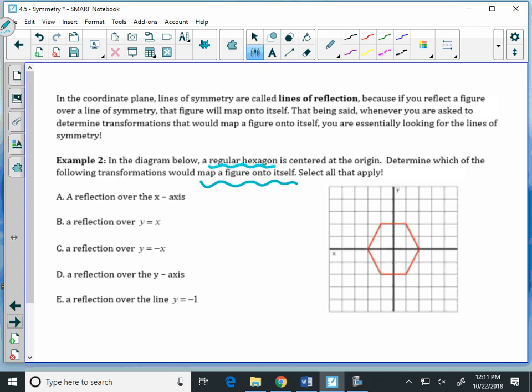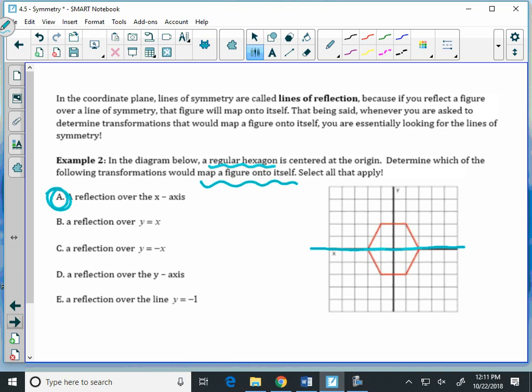because it won't reflect onto itself if it's not a line of symmetry. So if we take a look at A, it says a reflection over the x-axis. So I'm going to highlight the x-axis. Is that a line of symmetry for the figure? Yeah, that's your answer. If you're unsure, you're looking at that line, I think it's a line of symmetry, but I don't know, just do the reflection.